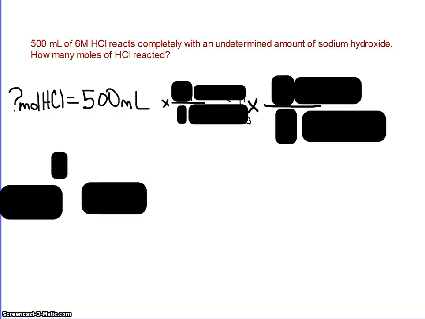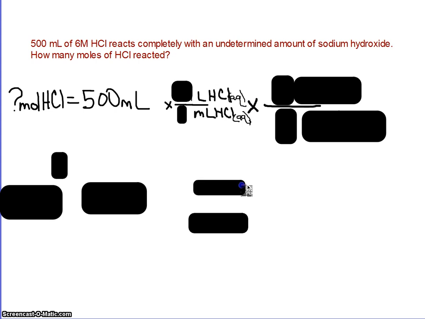I'm going to go back to the problem now. I'm leaving the milliliter, so milliliters goes on bottom. I'm going to the mole, so moles would go on top, but can I go straight from the milliliter to the mole? No. I have to go from the milliliter to the liter first.